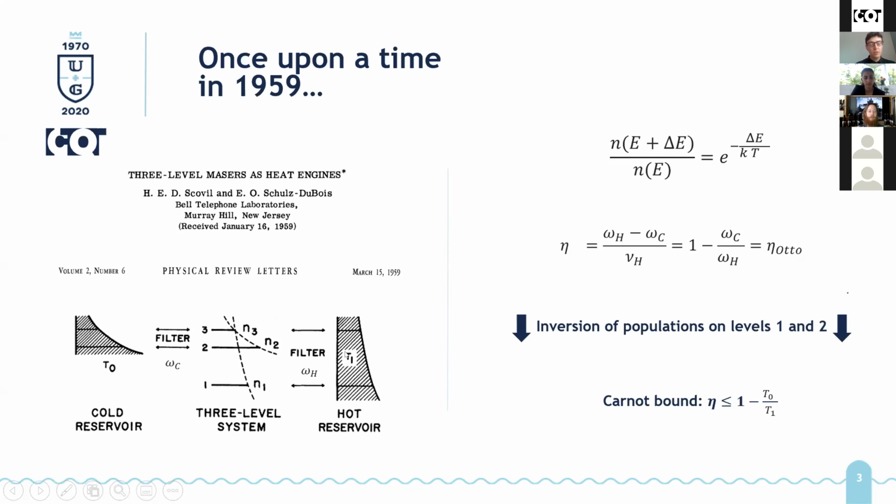And we can think of the regime in which this temperature is really high, so then the population on the third level will be almost comparable to the population on the lowest level. But then we also have a coupling to the cold bath, adjusted to the energy gap between the third and the second level, and this temperature can be really cold. And therefore, there will be a big difference in populations between level 3 and 2.